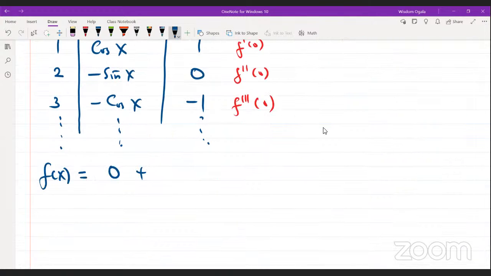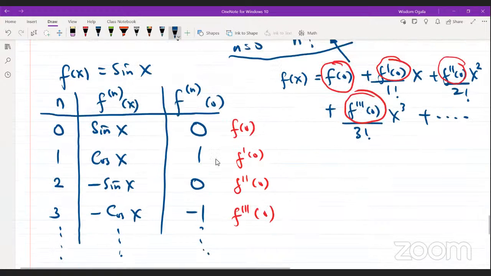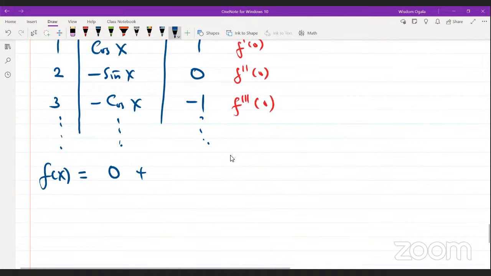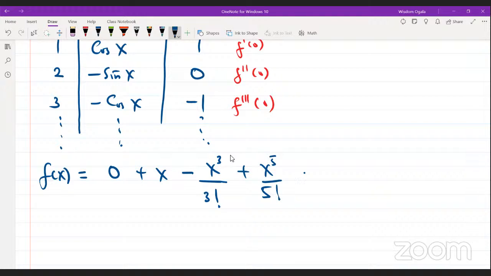What's f prime of 0? It's 1. So you have 1 divided by 1 factorial, that's still a 1, so you have x. If you keep doing that, you would have x cubed over 3 factorial. In fact, I can tell you some of the next terms for free. It continues on and on.